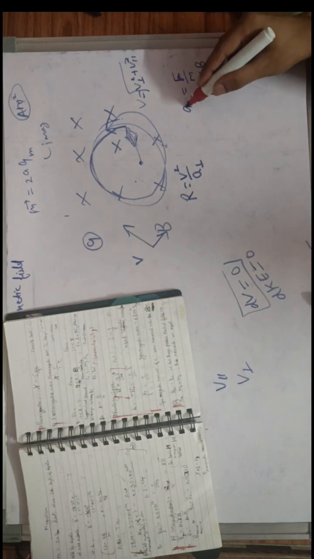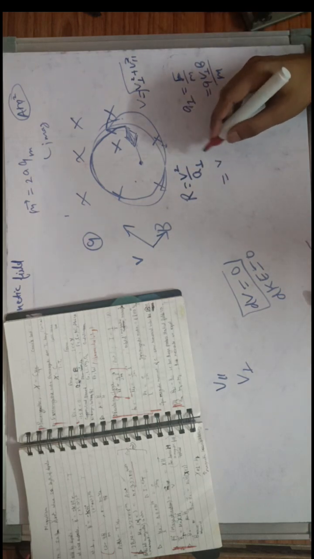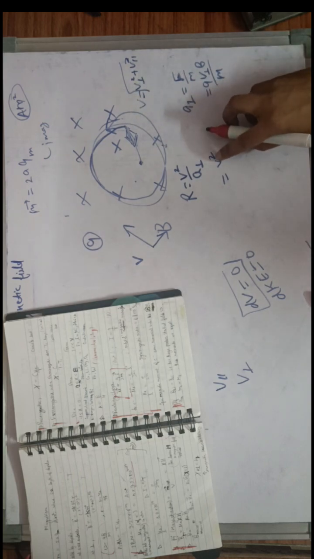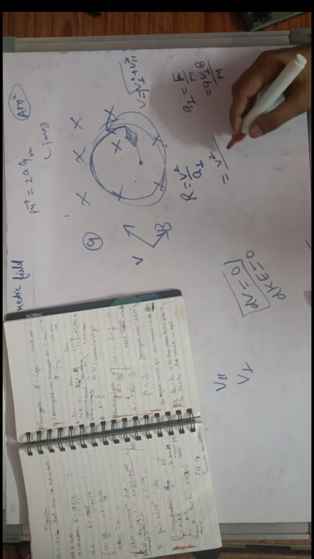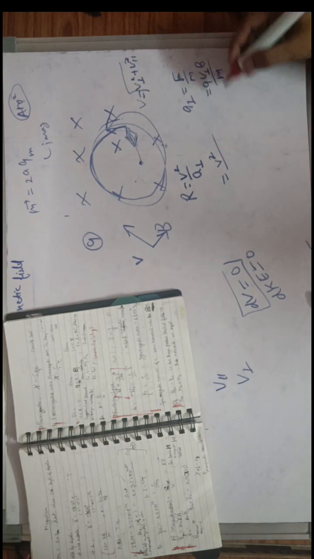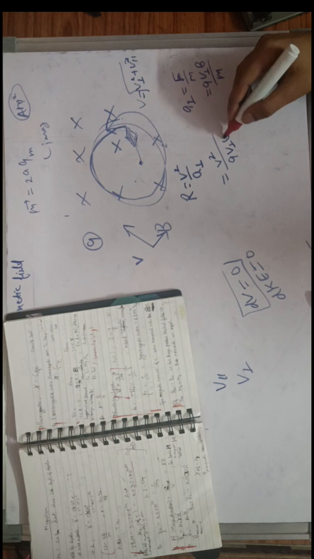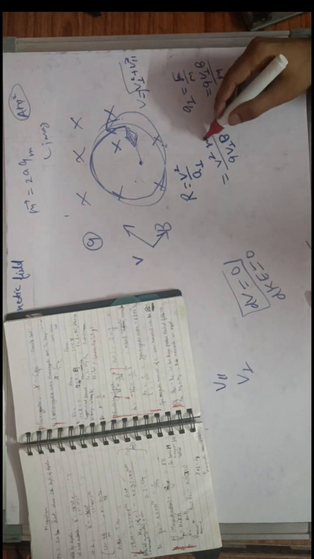This gives the total acceleration. So we get v, the total velocity squared, divided by a perpendicular, which is q v perpendicular B divided by m.